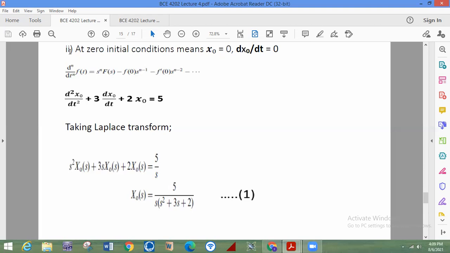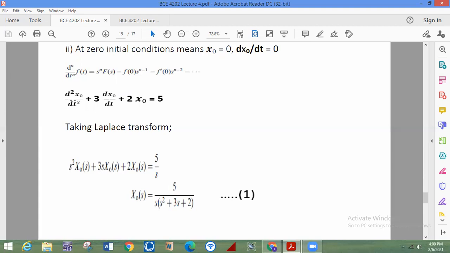These conditions are called zero initial conditions, where you have your function equaling to 0 and its first derivative as well equaling to 0.